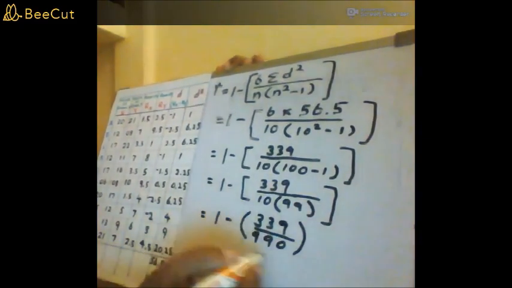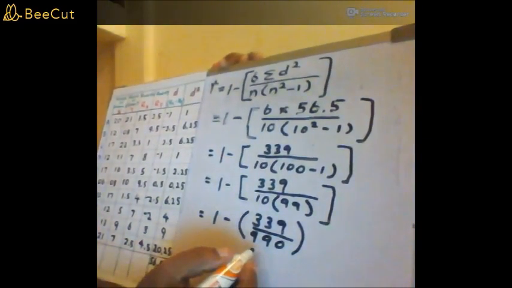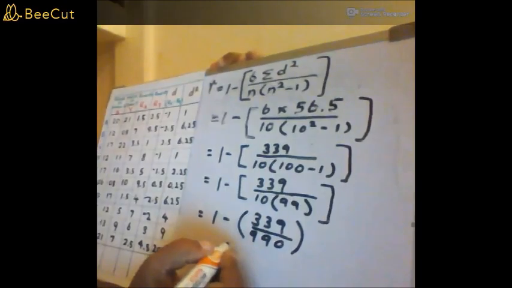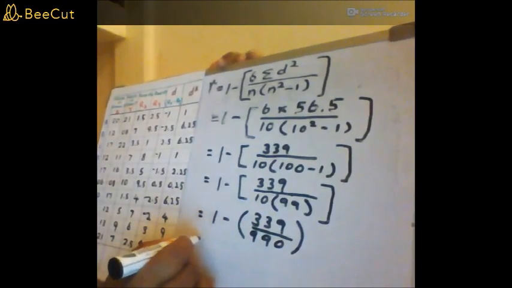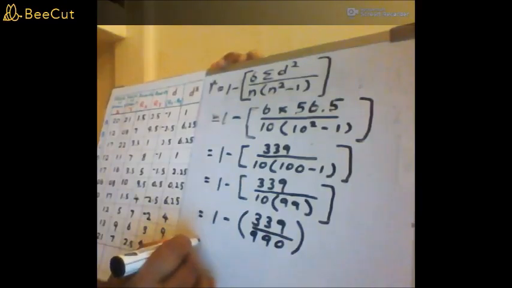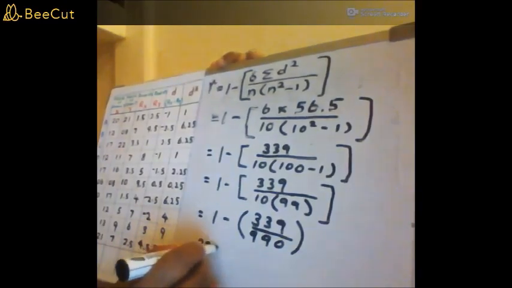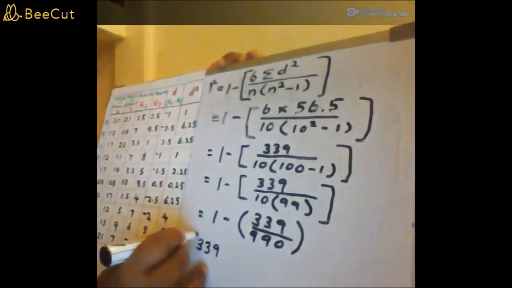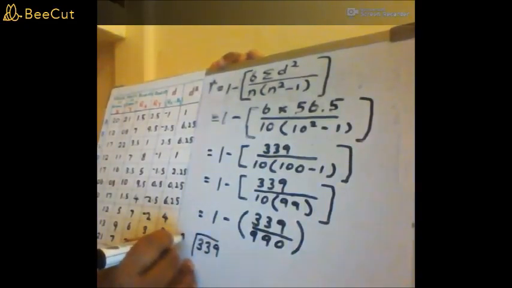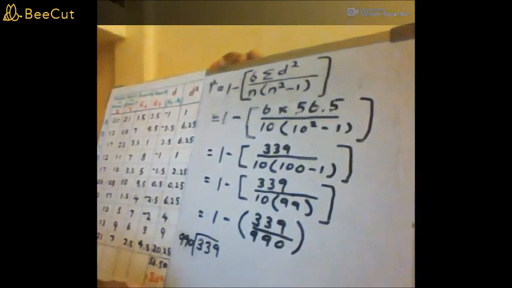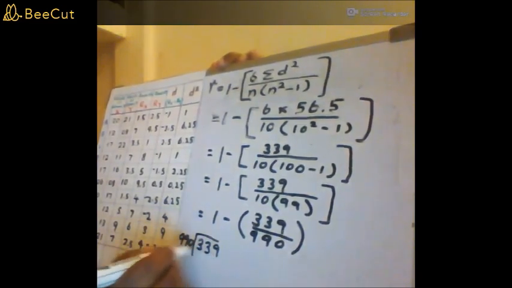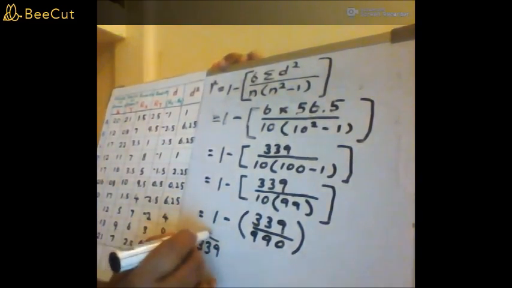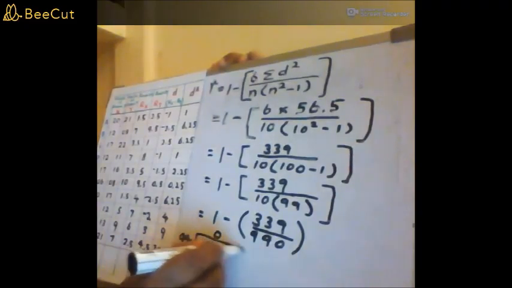So you'll have to calculate this and get it to 2 decimal points. So how would you do that? I'll do it here. 339 divided by 990. You don't find anything here in 339. There's no 990, so put 0 and put the decimal point.